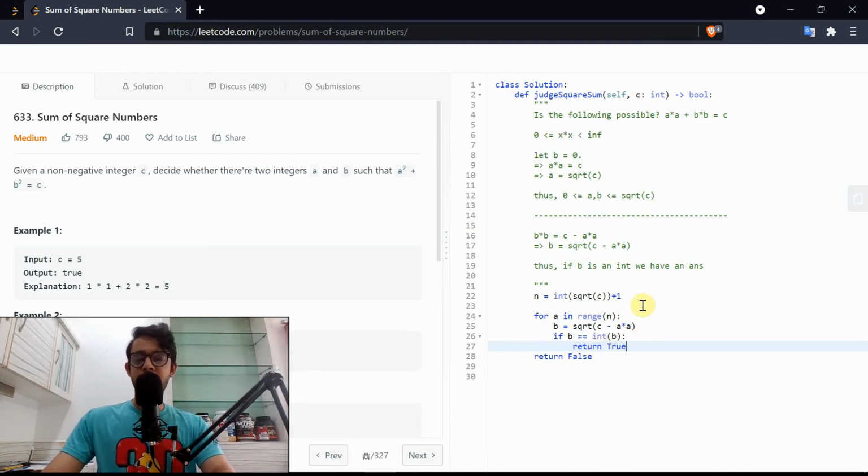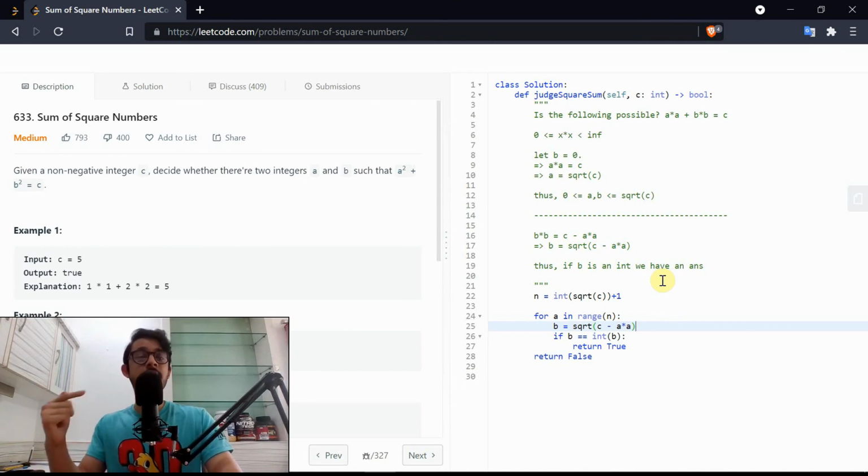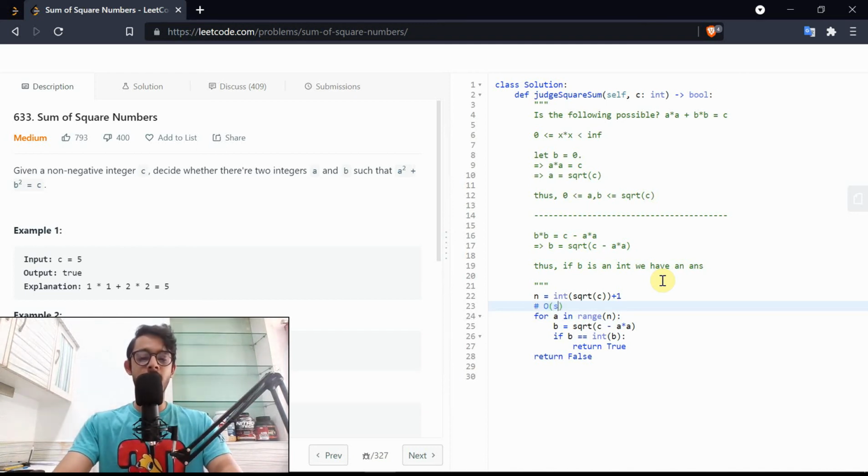And what's the space-time complexity of this? The space complexity remains the same since we're only dealing with one, or in this case two, variables now. So it's still constant, order of 1, but the time complexity now becomes the square root of c. It was square root of c squared, but now it's just order of square root of c.